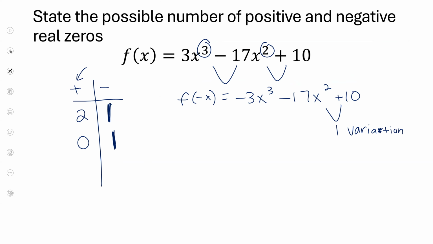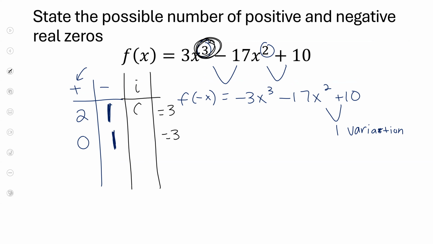We'll do one more. This is a 3rd degree, so each row, when I add an imaginary column in, needs to add to 3 because I need 3 solutions. So this one is fine. I have 2 positive, 1 negative, 0 imaginary. That's 3 solutions total. This will have to be 2.